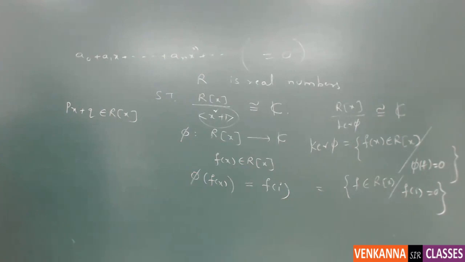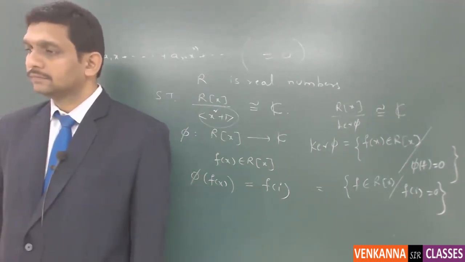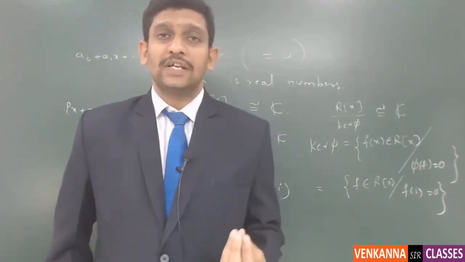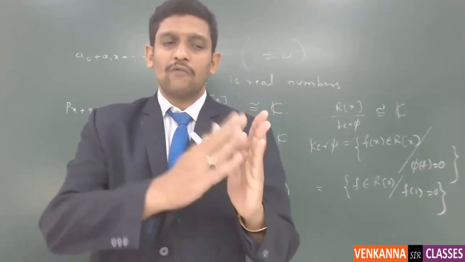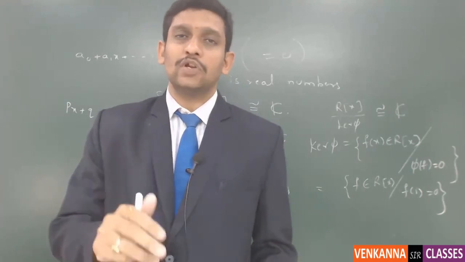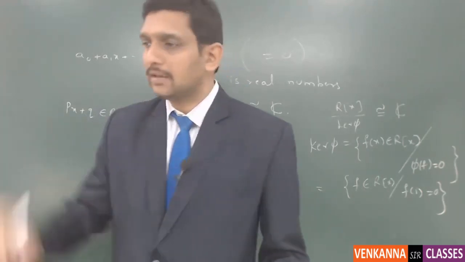If you say that f of x is a polynomial of degree n, it means that the coefficient of x power n is not equal to 0 and n is the highest power in that polynomial.